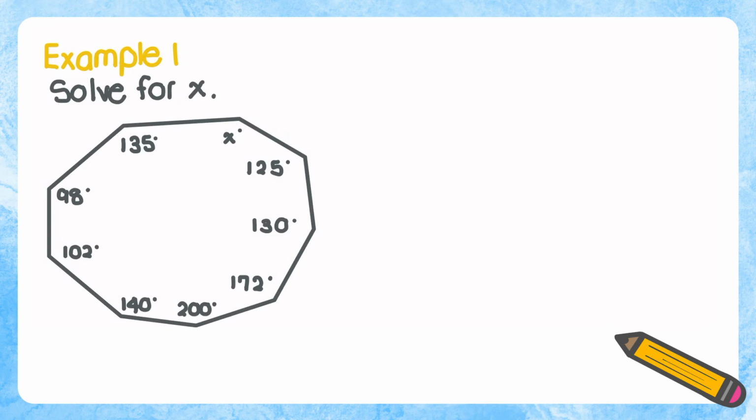So let's use the polygon angle sum theorem to solve for this example. Here we are asked to solve for x. We have a nonagon, which is a polygon with 9 sides. First off, let's figure out the sum of the interior angles of this nonagon. So we know that n equals 9 because there are 9 sides.